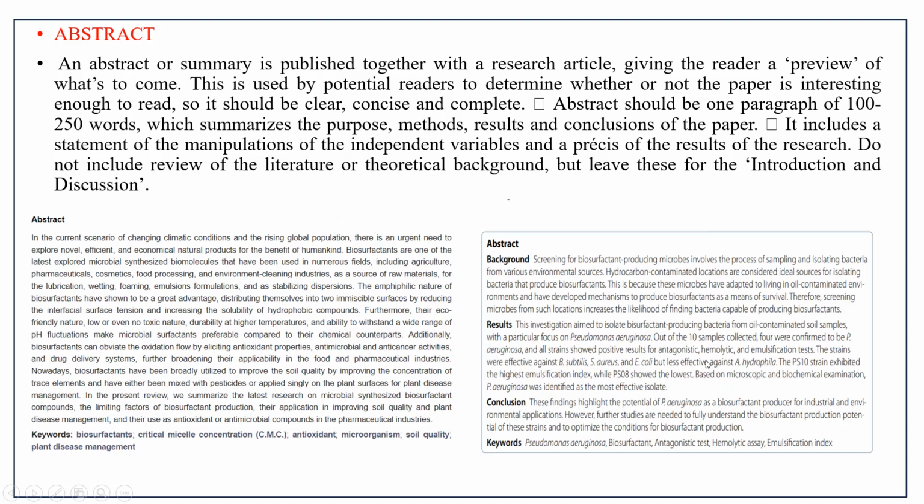Then you write whatever procedures they did and what result they got, and then you write a conclusion. So everything is the same, except that background will not be there in many research journals or in a thesis.